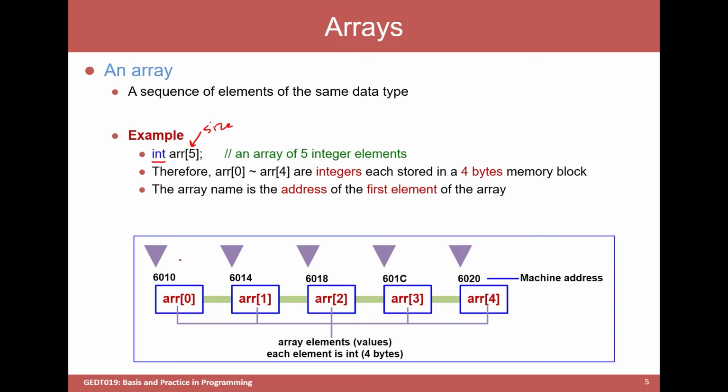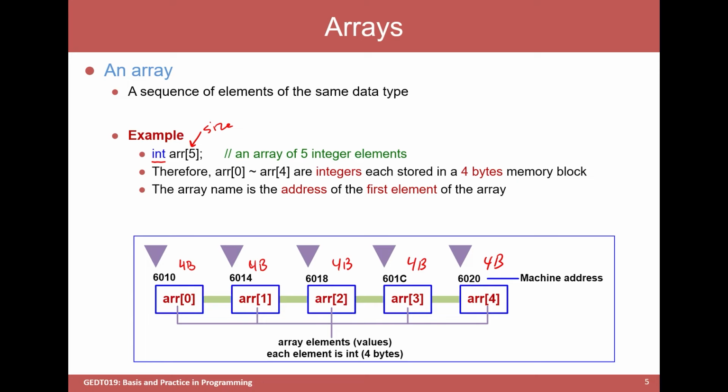So each element is 4 bytes, and that means the total size of the array will be 20 bytes. Each element in the array also has an address.